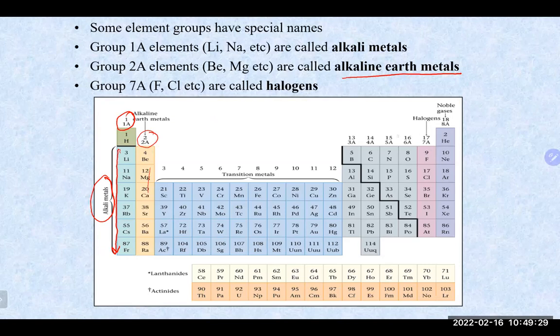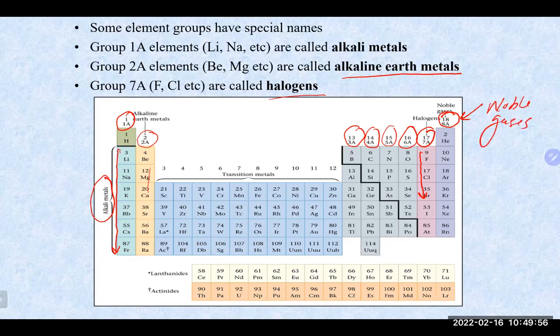Group 7, counting 1, 2, 3, 4, 5, 6, and 7, these are our diatomic elements, fluorine, chlorine, bromine. Those are the halogens. We'll see it on the next slide. But right next door at group number 8, those are the noble gases.